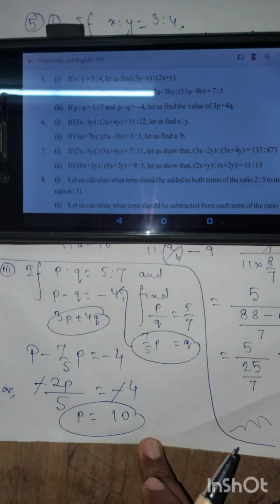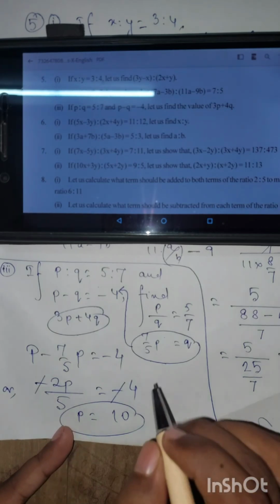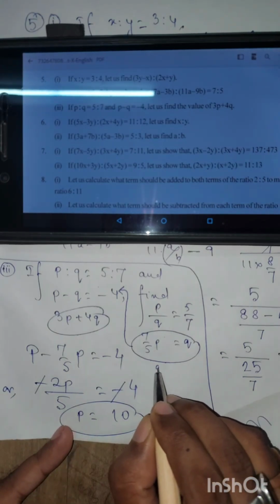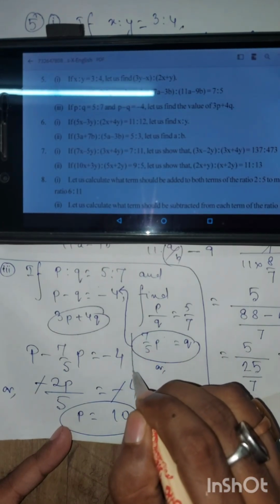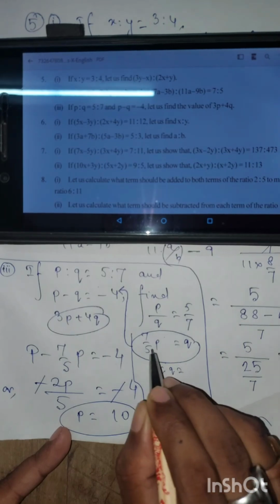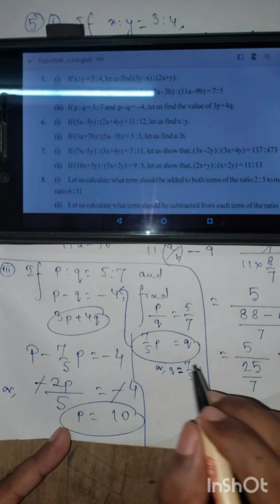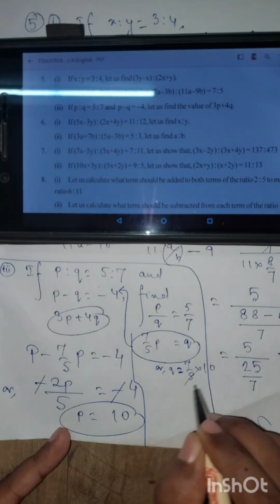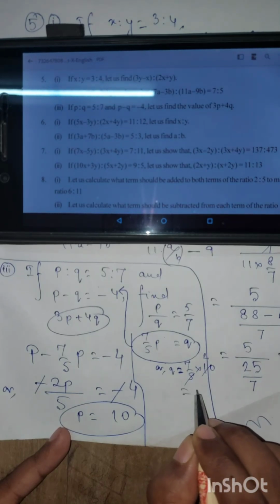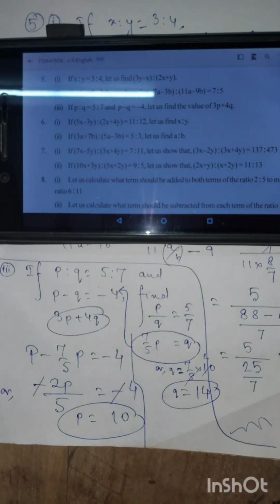Okay. So P is 10. So Q should be equal to 7 by 5 into P, that means 10. So this is 14. So the value of Q is 14. So we have determined the value of P and Q. Now we can find out 3P plus 4Q.